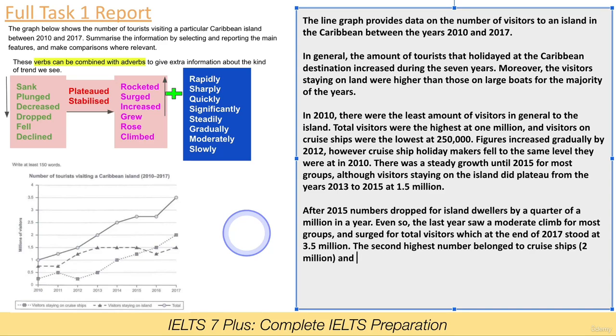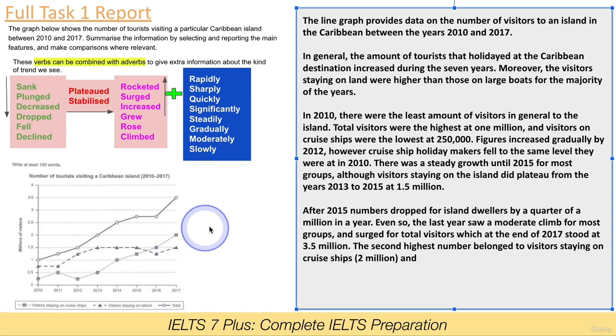For visitors, maybe we can be specific to visitors staying on cruise ships, 2 million.